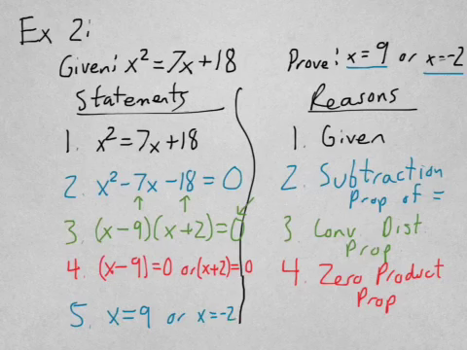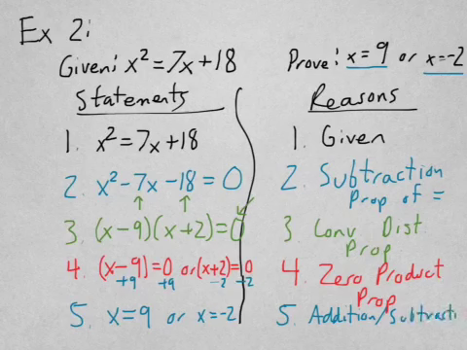This is effectively the same as adding 9 on both sides or subtracting 2 on both sides. So what's our reason for this statement? Well, given that one is addition, one is subtraction, this is the addition or subtraction property of equality, similar to what we did in step 2.